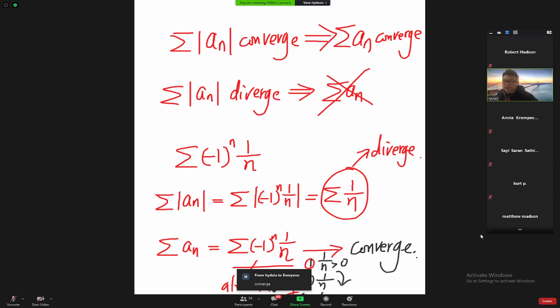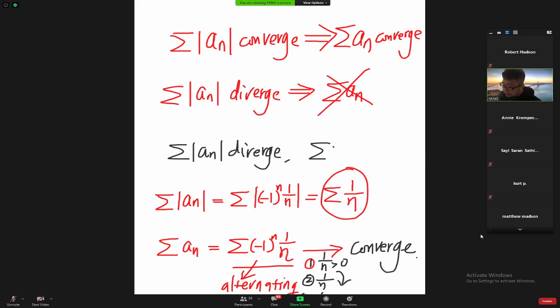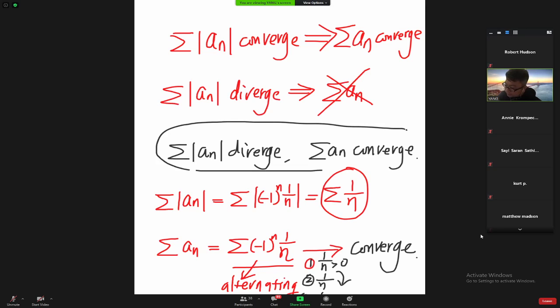See? This is a counterexample because, okay, for this series, the absolute value of a_n diverges, but a_n converges, right? See?